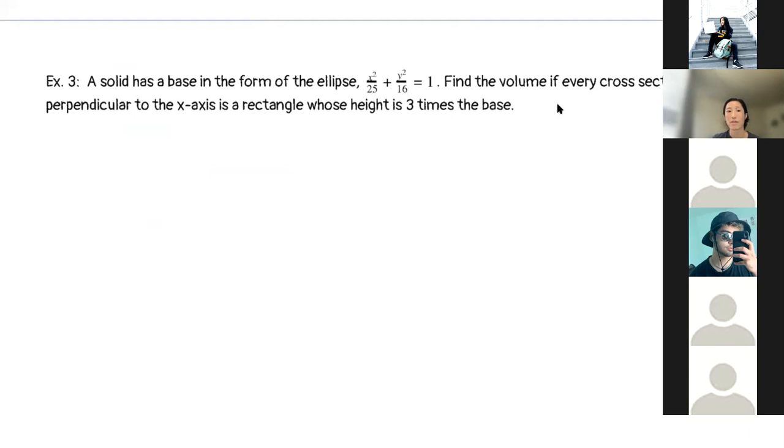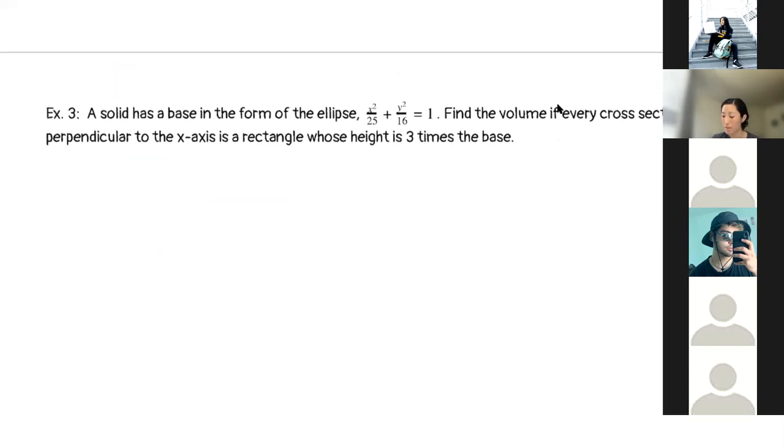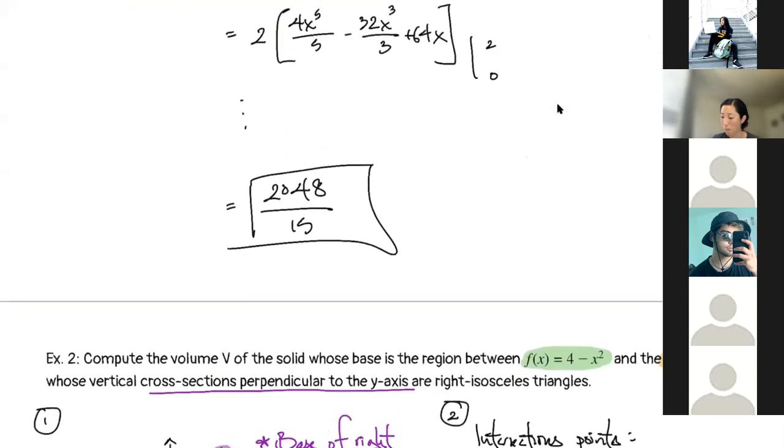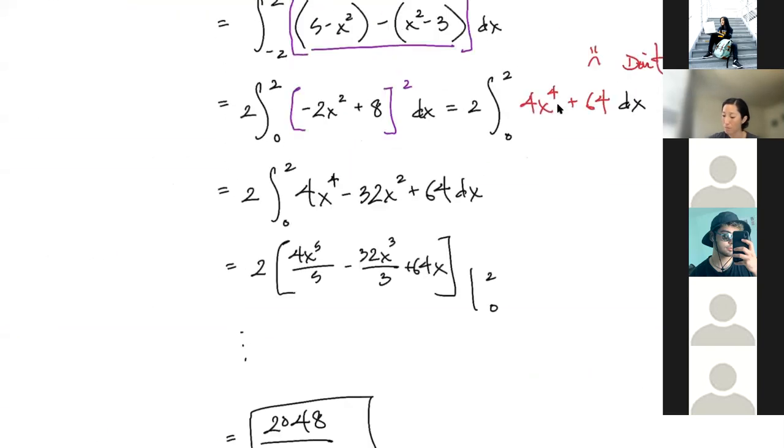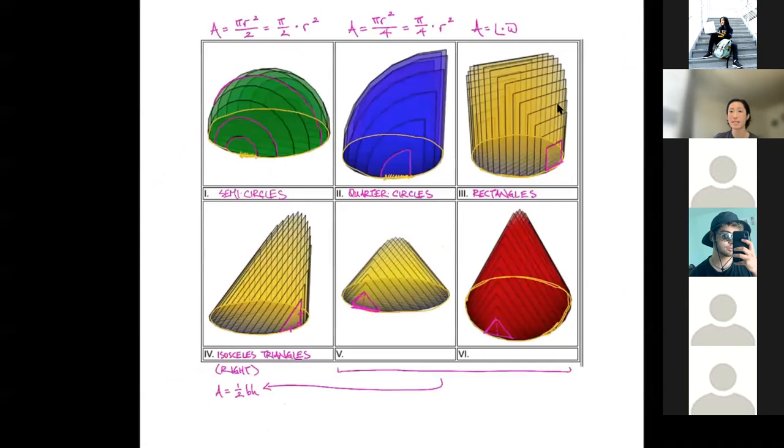Find the volume if every cross section perpendicular to the x-axis is a rectangle whose height is 3 times the base. So let's go back up to the top. And we've got these 6 diagrams right here. Which one of those do we think best matches example number 3?